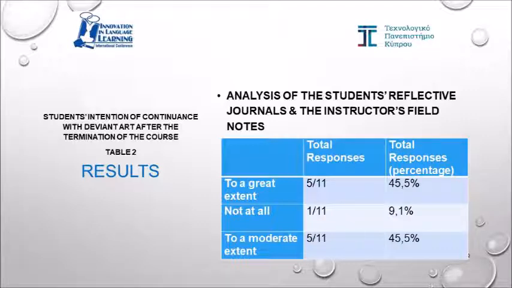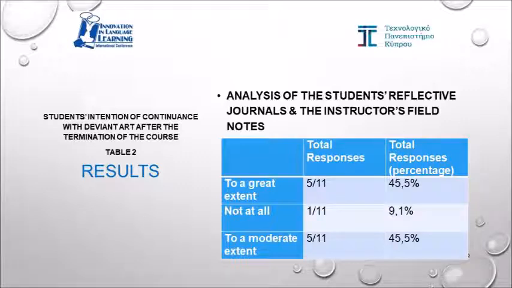We can see that answers here varied. 5 out of 11 students intended on using it up to a great extent, whereas an equal figure intended on using it up to a moderate extent. So that's 45.5%.